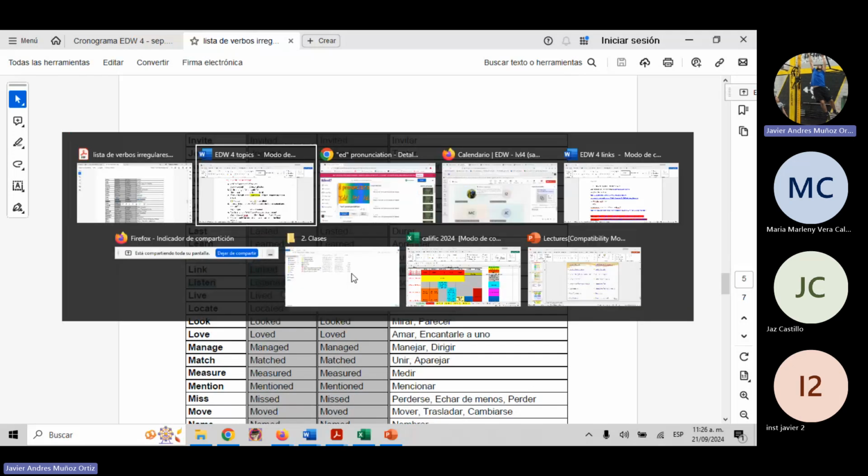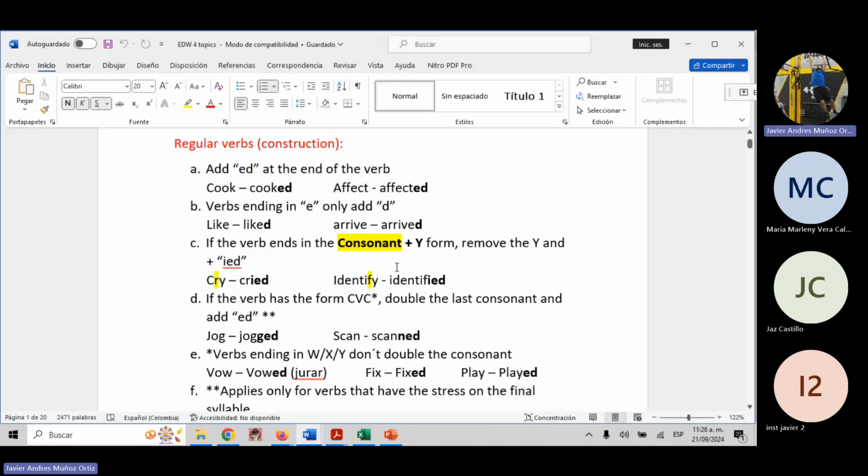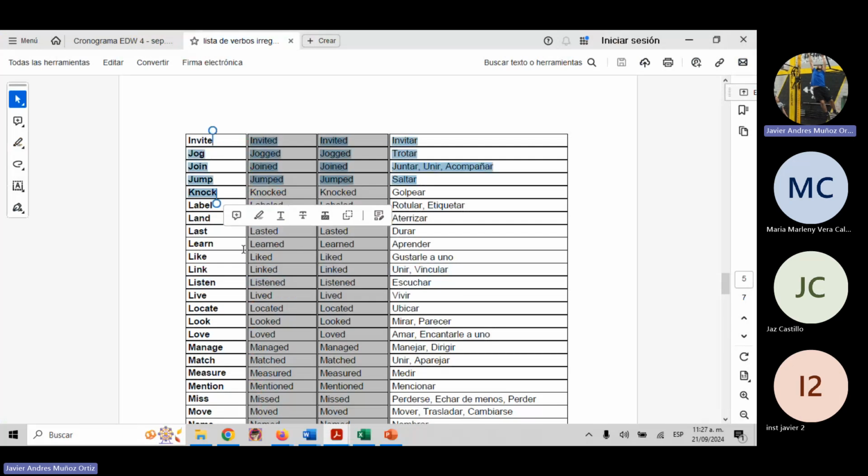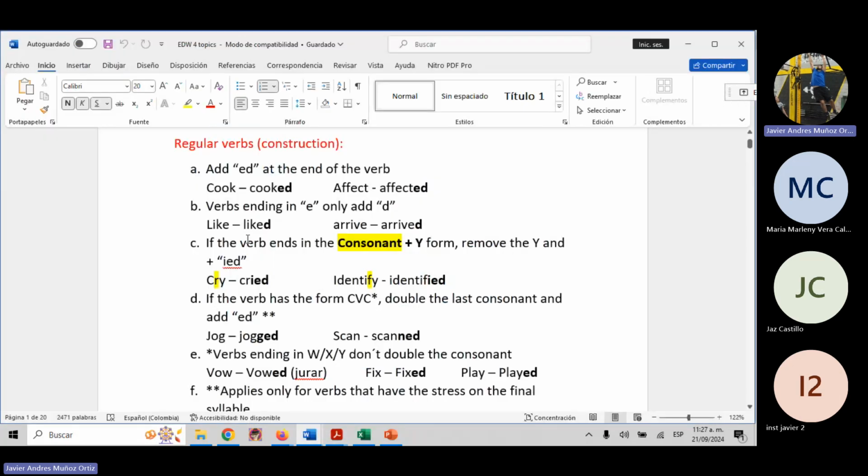So in terms of construction, it is this. We are going to take the main verb, I mean the infinitive form, and we are going to add ED at the end to create the past form. For example, cook, cooked.